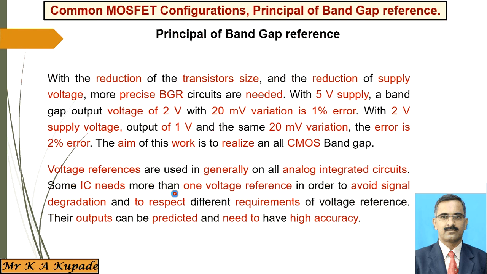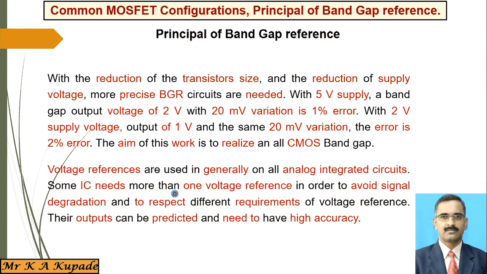In those ICs, more than one voltage reference is required to avoid signal degradation and to meet the different requirements. Their outputs need to be predicted and have higher accuracy.